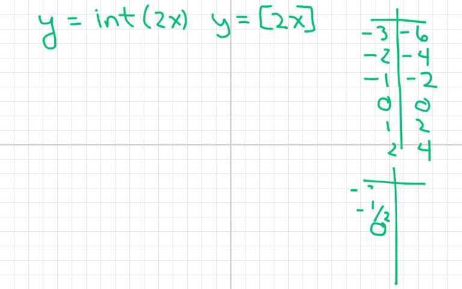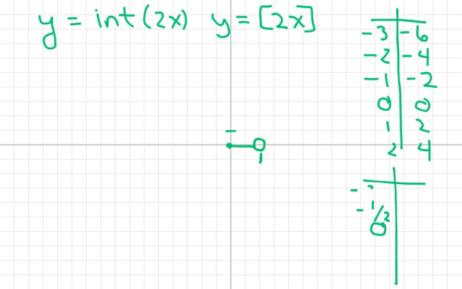This is what the greatest integer function looks like. It's going to jump. There's no fractions in between. So at 0, it's 0. And then once we go to 1, it jumps up to 2.